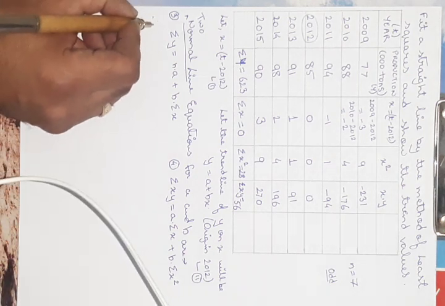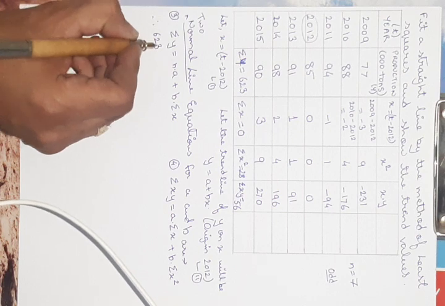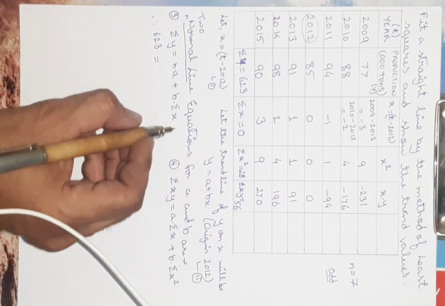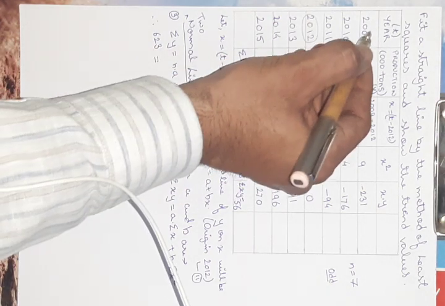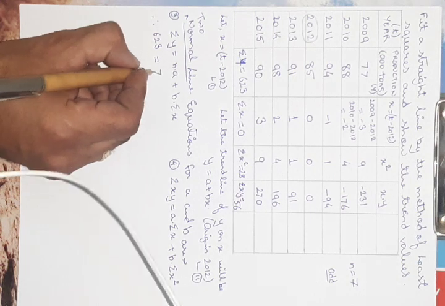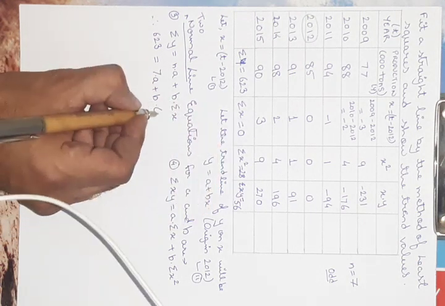Fine. So now putting all these values in these two normal line equations, summation of y, that is 623, is equal to n into a. And what is the value of n? 1 2 3 4 5 6 7. This is 7 into a plus b into summation of x, that is 0.